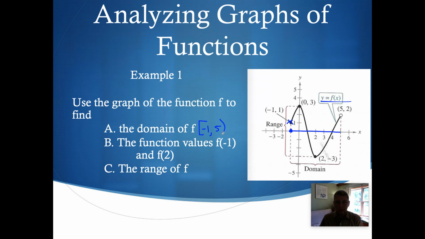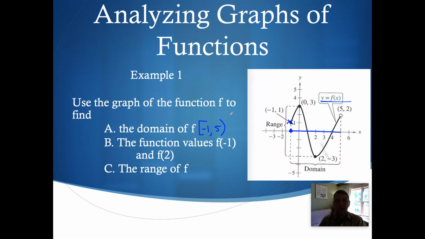Now, the one thing I do want you to notice about the way I wrote this is that the -1 is encompassed by a bracket. Okay, and what that indicates is that -1 is part of the domain.